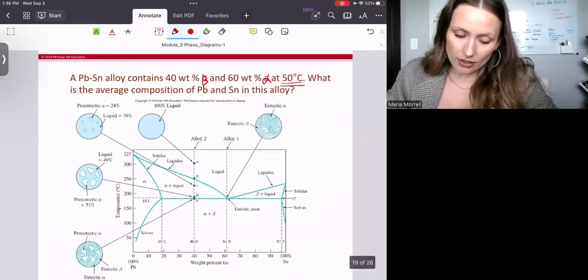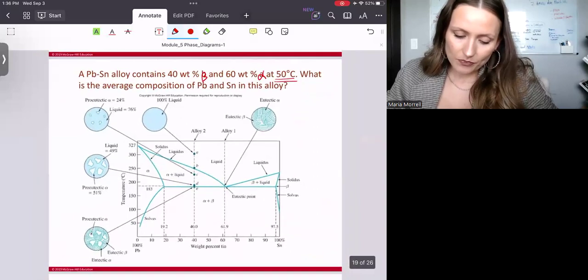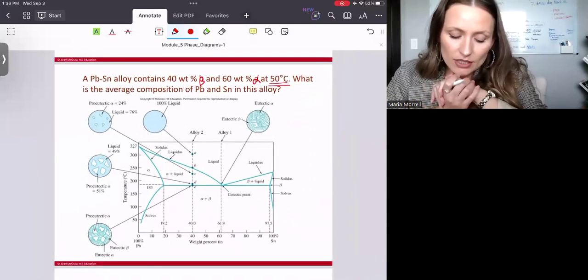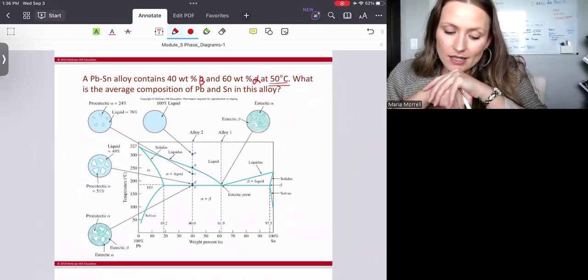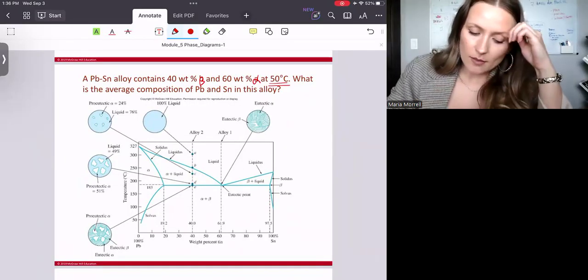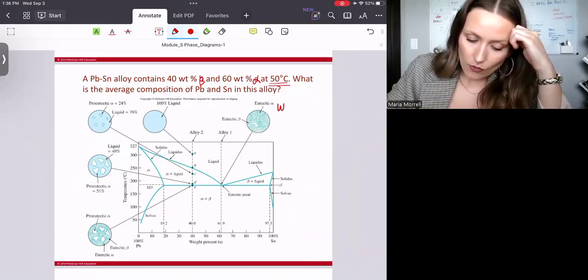Okay, let's look at another question. So this time we're still working with a lead tin alloy. And it says that it contains 40 weight percent beta. Okay, so 40 weight percent of beta, and then the remaining is alpha.